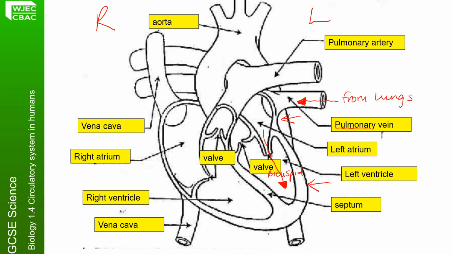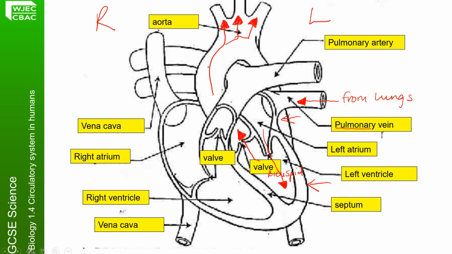At this point, the semilunar valve opens and the blood leaves the left side of the heart through the aorta. It's going to go off to the head, the body and the torso, carrying oxygenated blood to where it's required. Okay, so this is our left side of the heart.